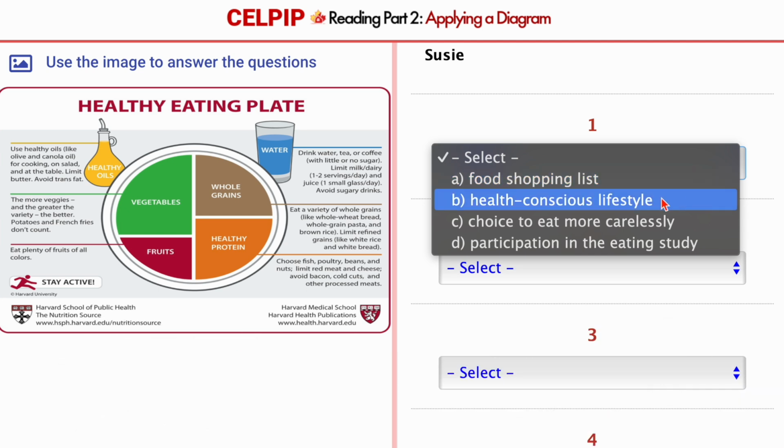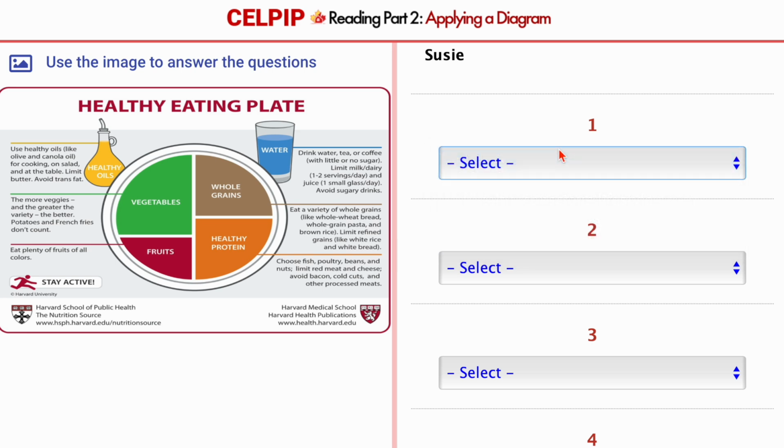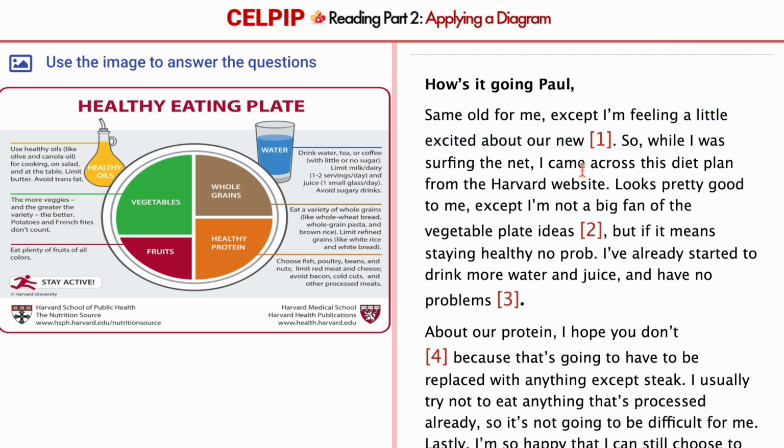Health conscious lifestyle, choice to eat more carelessly. Now, participation in the eating study. So this question has to be related to I came across this on the Harvard website. So I'm excited about our new something, which is related to this. It's not a shopping list.